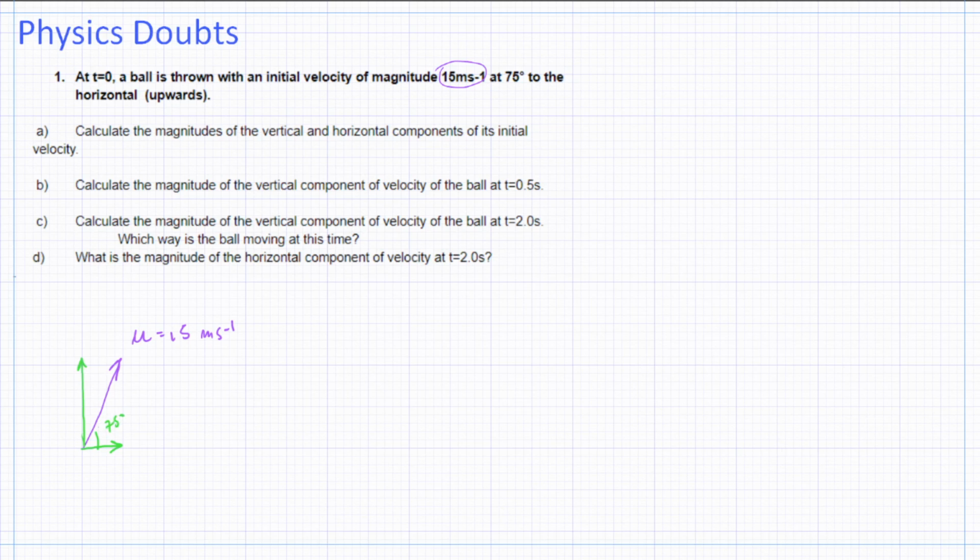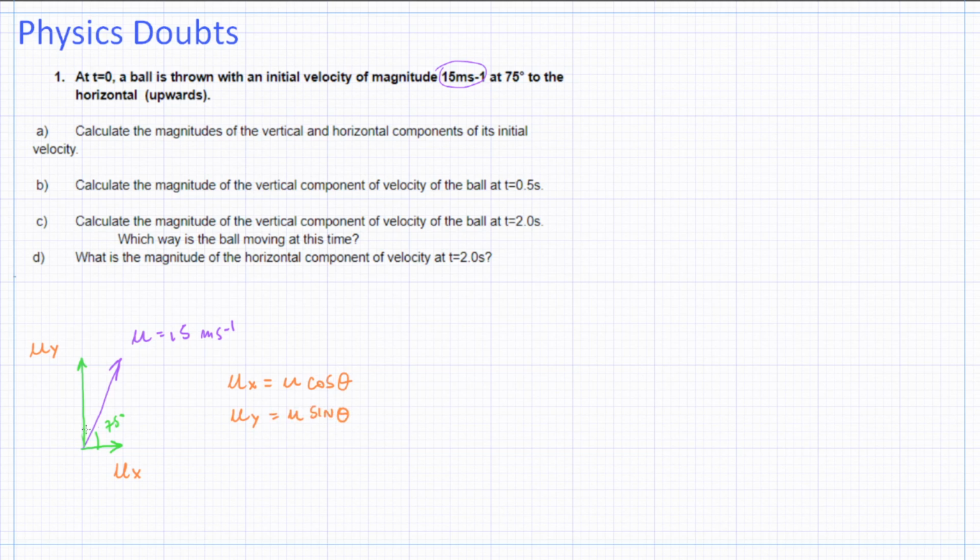Now if you look at your booklet, you do have those equations straight away. You can see that I'm going to call ux and uy. Okay, so we can find that ux is simply u cosine of the angle that you have there, theta, and uy will be u sine of theta.